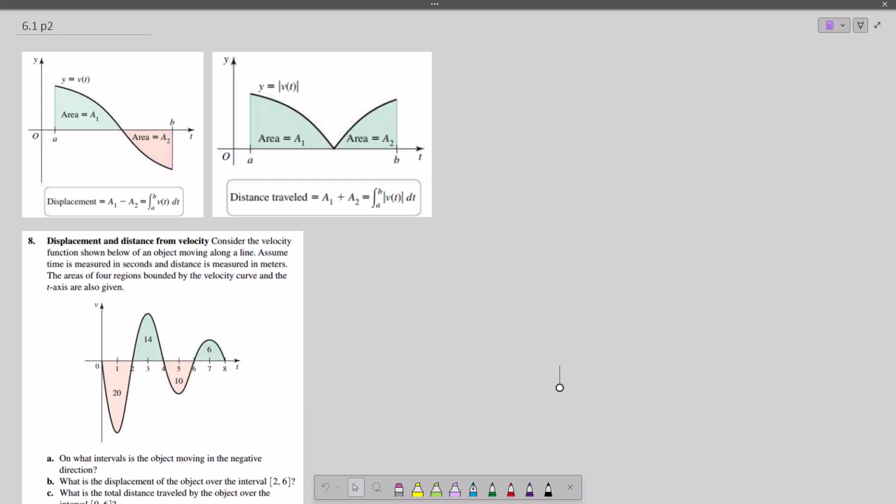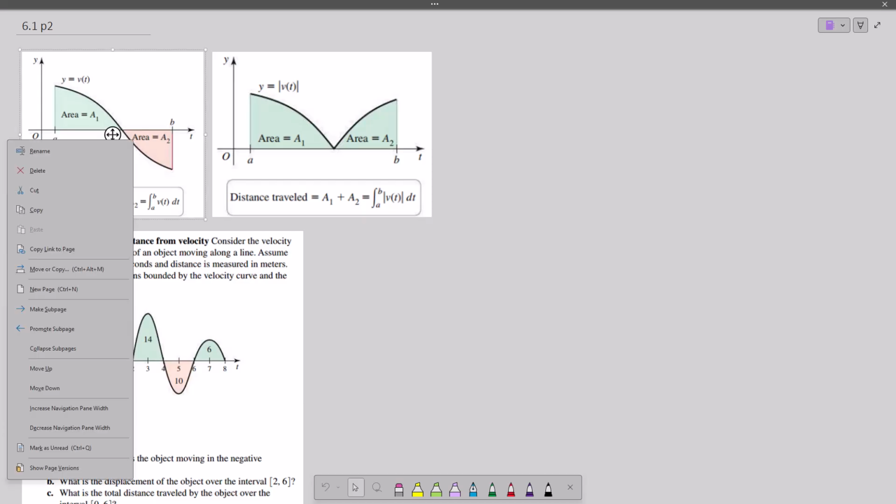Velocity is positive here. Velocity right there is 0. Velocity there is negative. So let's try to visualize what that means on our number line. When the velocity is positive, we're moving to the right. The rate of change is positive. When the velocity is negative, we're moving to the left. The velocity is negative. The rate of change is negative.